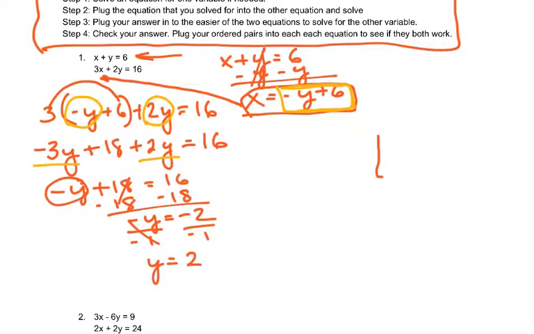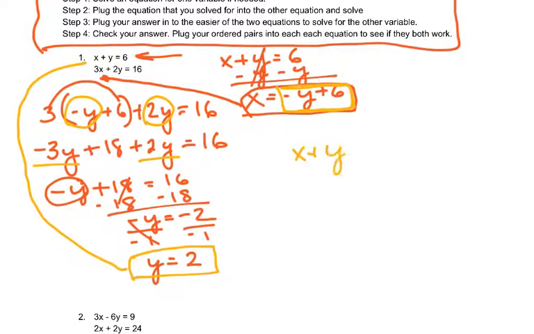Now we take that y equals 2 and plug it into the easier of the two equations at the top. I'm going to pick the first one, x plus y equals 6. I plug in 2 where I see the y, so we have x plus 2 equals 6.